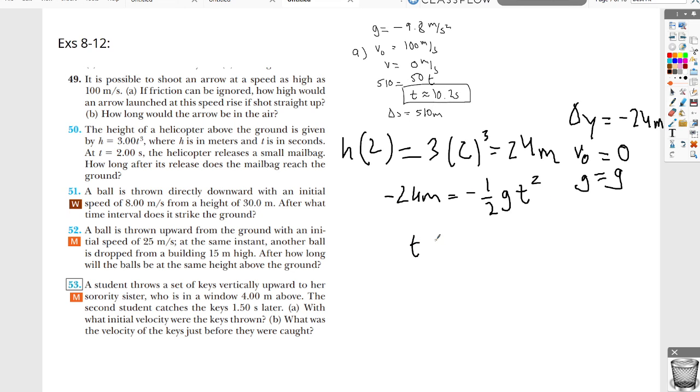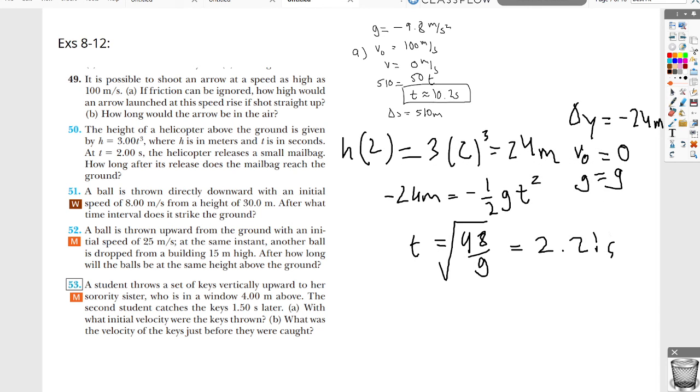T is the square root of 48 over g. So the square root of 48 over 9.8 is 2.21 seconds. It takes this long to drop a parcel or small mail bag that's 24 meters high.